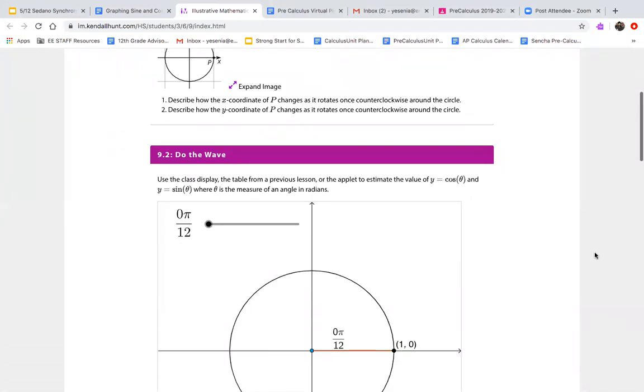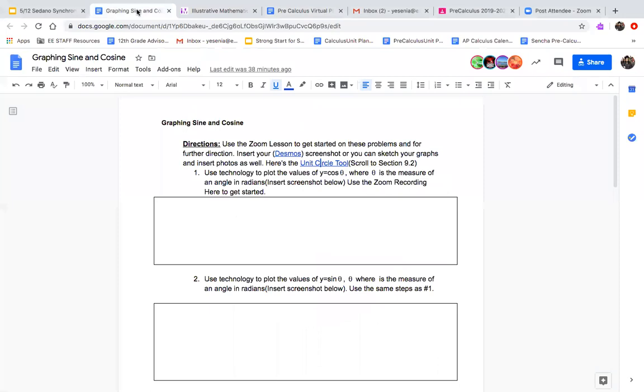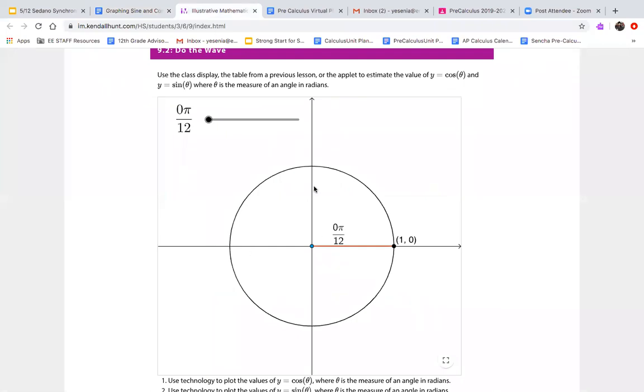So I clicked on the unit circle tool that I need, which is this. This is what I'm going to be using to create my Desmos graph. Let me just make sure I check the chat if anyone has any questions of what I'm doing. So again, I clicked on the unit circle tool and I scrolled down a bit to get this tool right here.